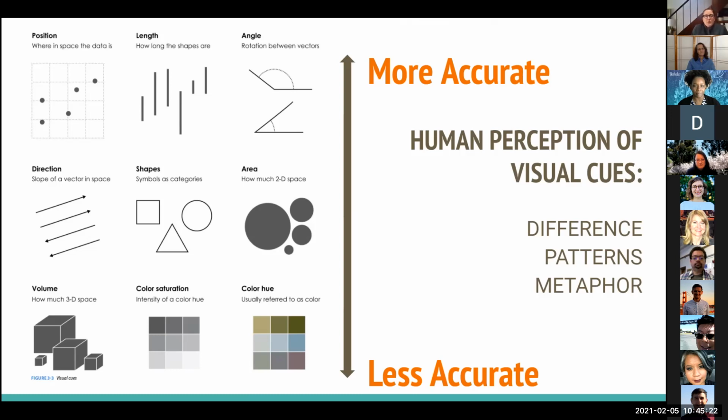But what's really interesting is that different colors and saturation is at the very bottom. And I feel like that's the one that we all gravitate towards. It's the most interesting and fun one to work with, but it's the least useful. And who knows, maybe if they do the study later and we all learn that we're encoding discrete variables and categorical variables with color, maybe we'll all become more effective at it.